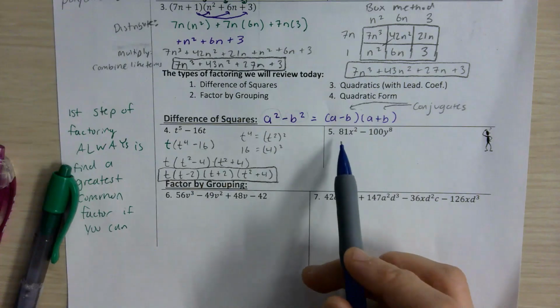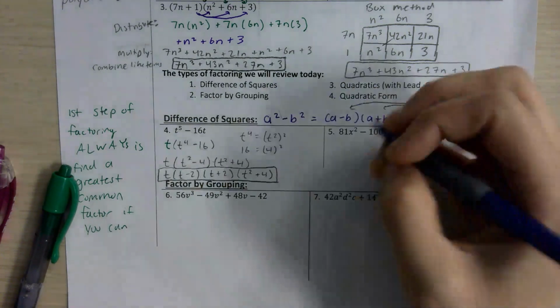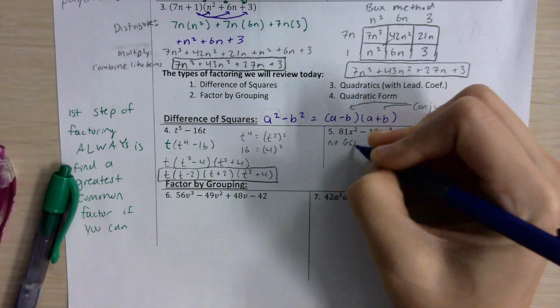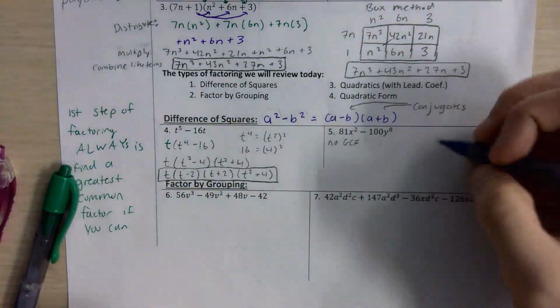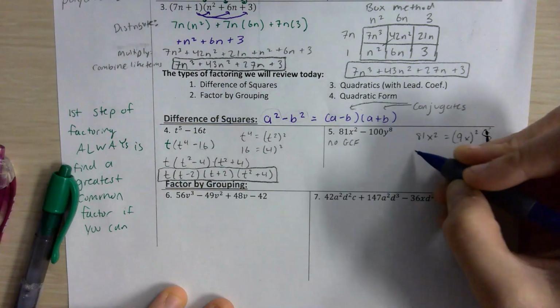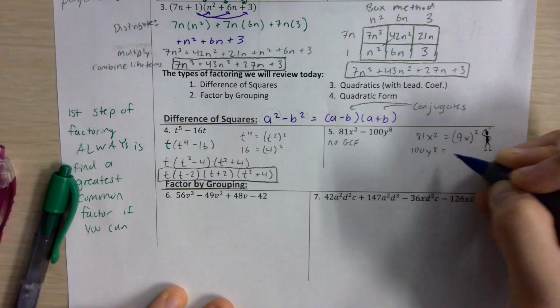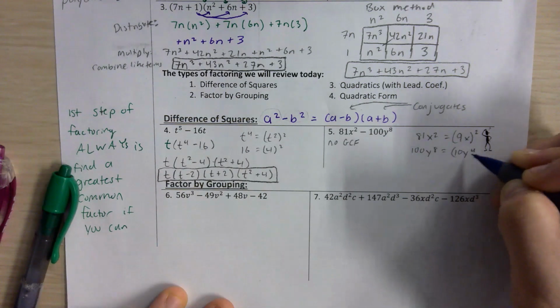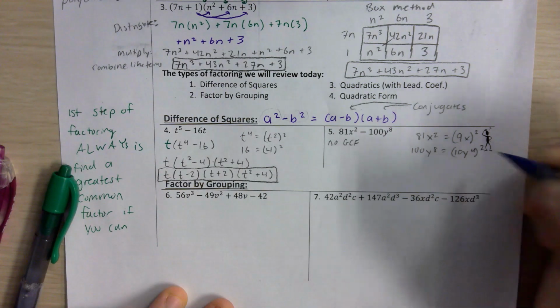So this next one, we look and there's no greatest common factor. So now we need to break up our perfect squares. So we have 81x squared can be broken up into 9x, that whole thing squared. And then 100y to the 8th can be broken up into 10y to the 4th squared.